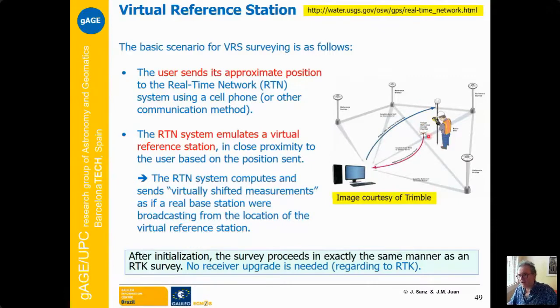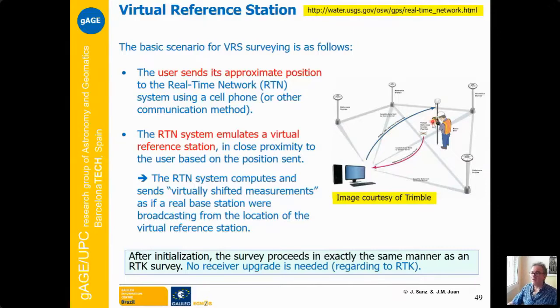close to the user. This is not a real station, but using this propagation model and the information from the network stations, it emulates a virtual station very close to the user, and the user can proceed with the navigation or the survey using this virtual station, in the normal way, without needing to upgrade anything in the software.